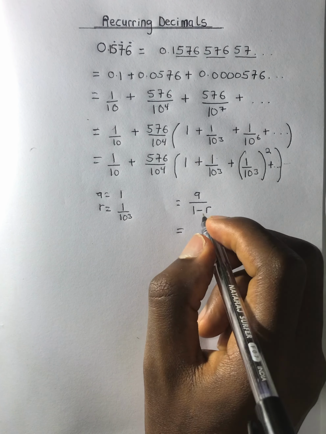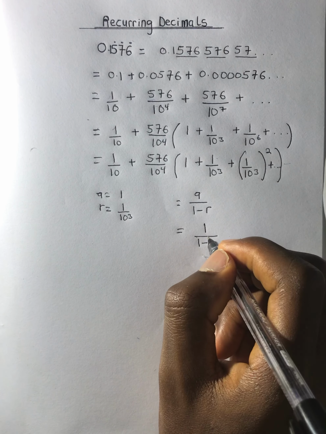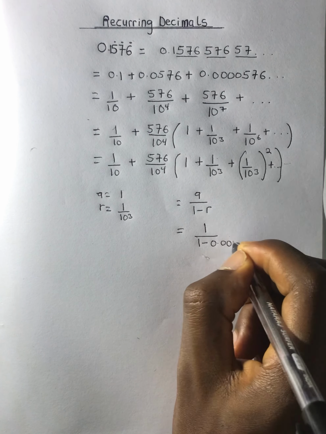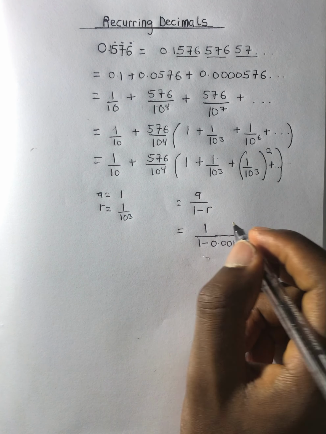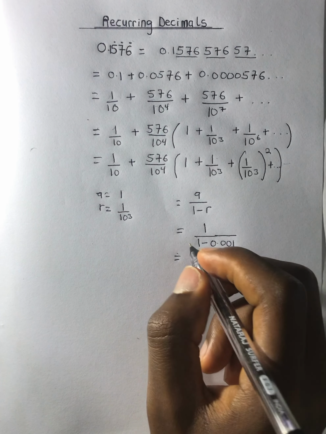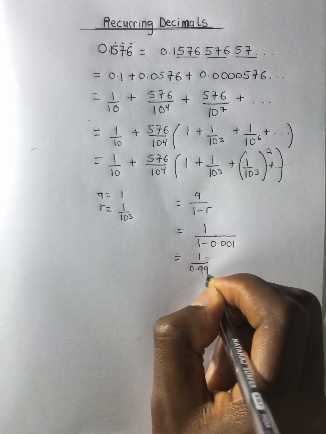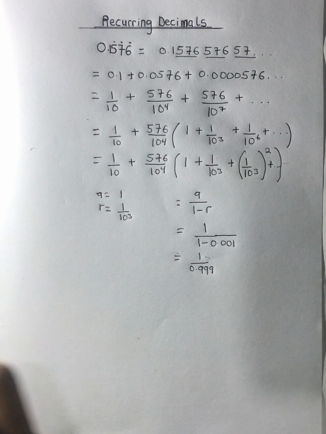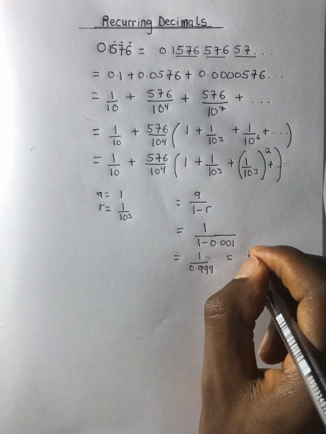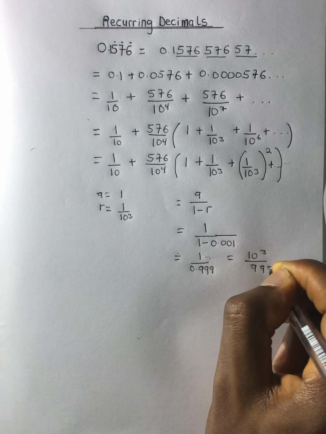Inserting our parameters, we have 1 over 1 minus r. Now r is 0.001. So this is equal to 1 over 0.999, and this can finally be expressed as 10 to the power 3 on the denominator, 999.